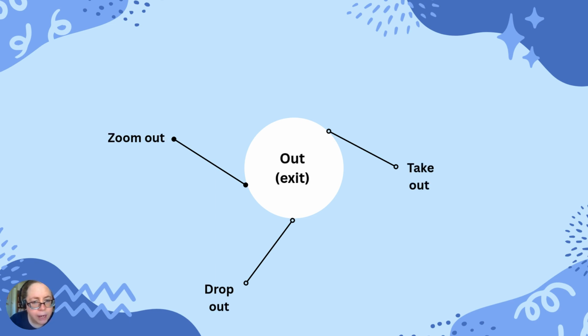With out, we have the meaning of exit, the core meaning of exit. So people can drop out of things. The core meaning of drop out is exiting from a school, an educational program, university.